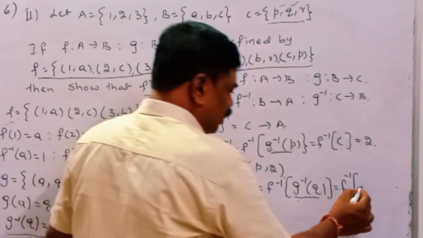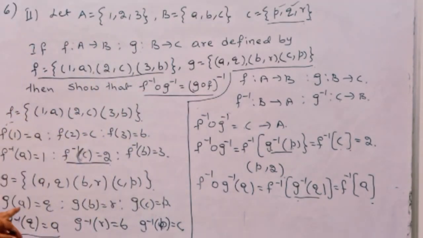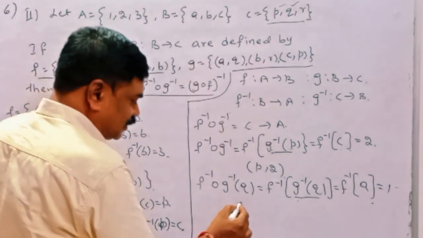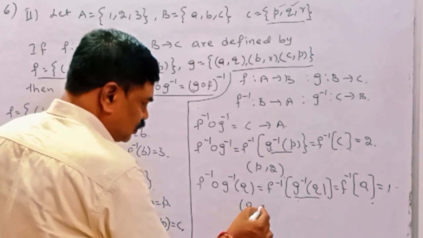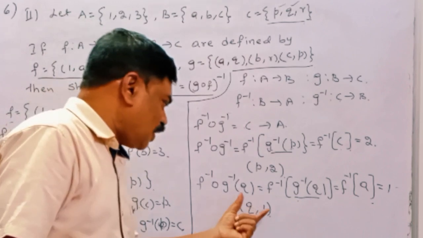You substitute A. What is F inverse of A? F inverse of A is 1. Then we write the ordered pair Q comma 1.